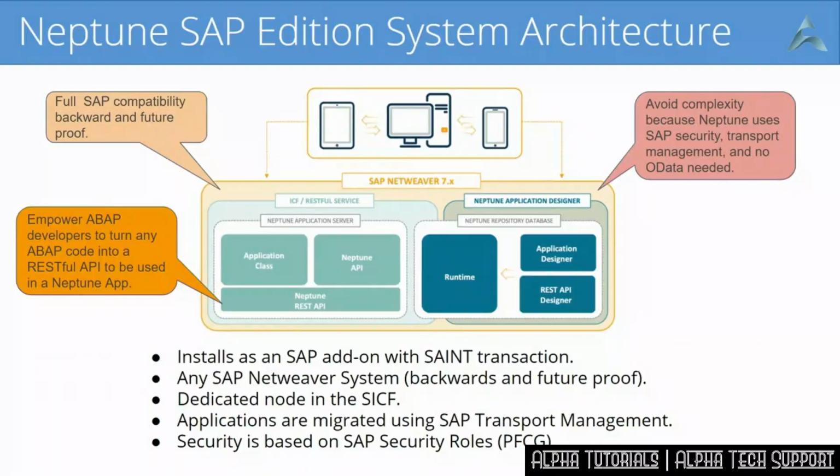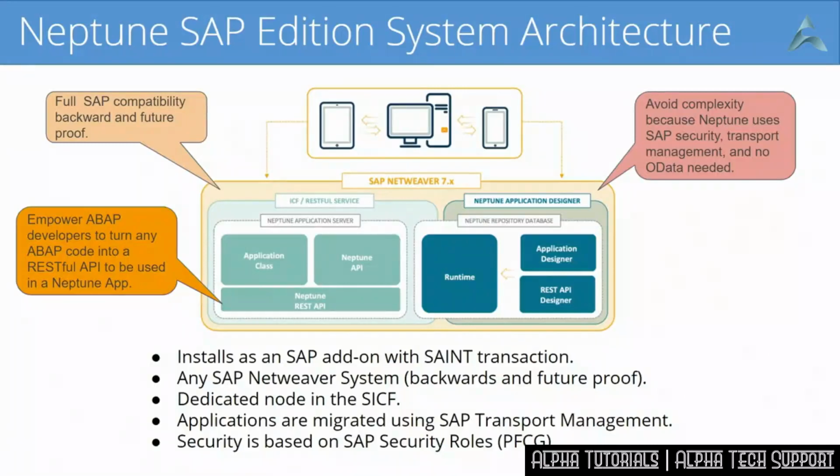OData is a skill that most ABAPers don't have, and a skill that most front-end web developers don't have. So if you're doing a Fiori project, at a minimum you've got 3 different developer skill sets on your team. You've got a front-end web developer, you've got an OData developer, and then you've got your back-end ABAP developer.